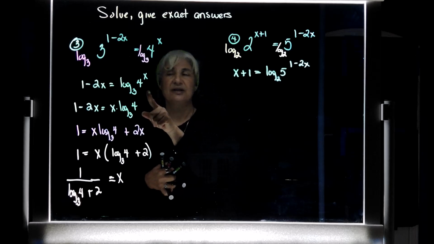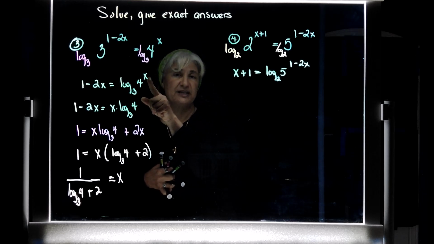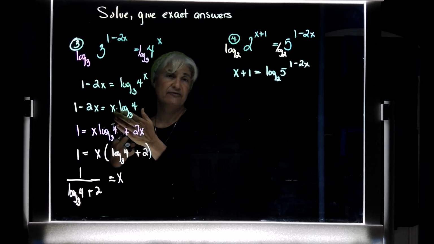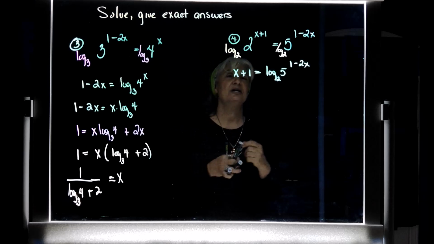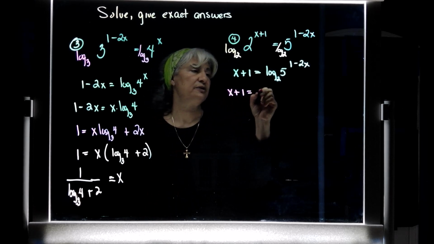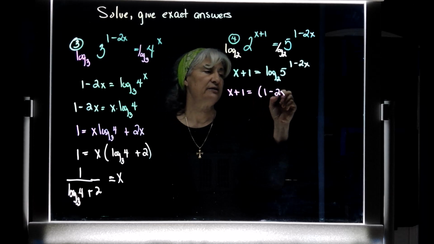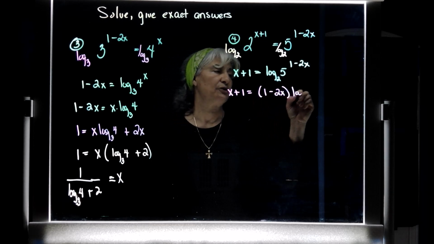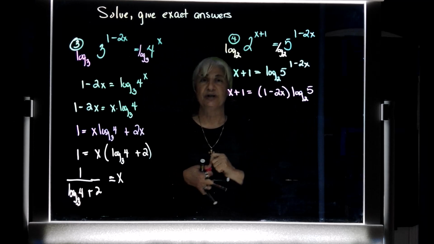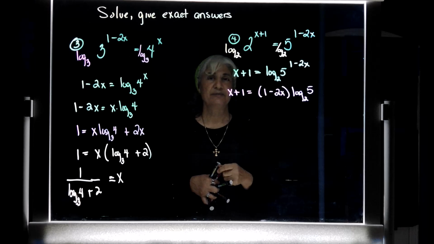Similar to this one, where I still had the variable in the exponent position, but thanks to the property of logs, I'm allowed to bring it in front and multiply. Okay, so let's do that. So we have x plus 1 equals 1 minus 2x times log base 2 of 5. Very good. Now what? Like, I'm not sure.